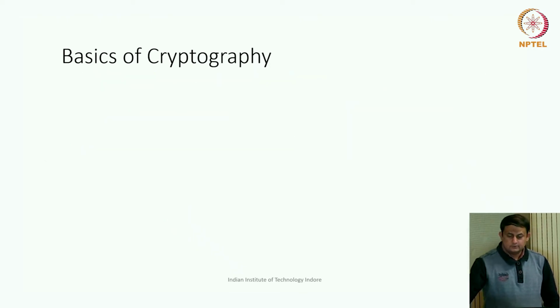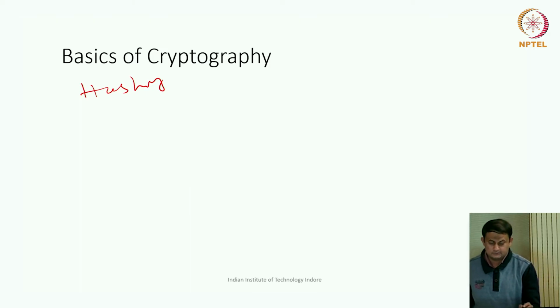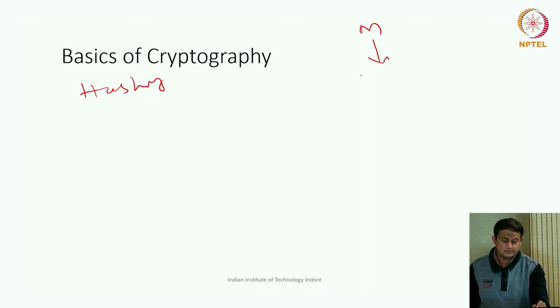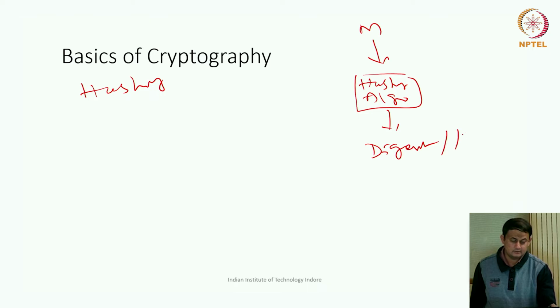We also discussed this previously. We talked about hashing while discussing password security. So, what exactly is hashing? If we have a message M and that message M is passed to a hashing algorithm, you get what is called the digest or the hash.